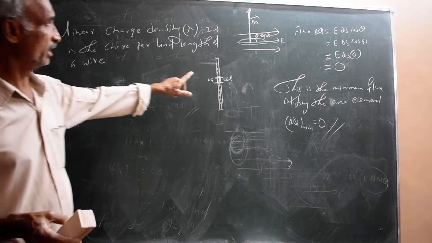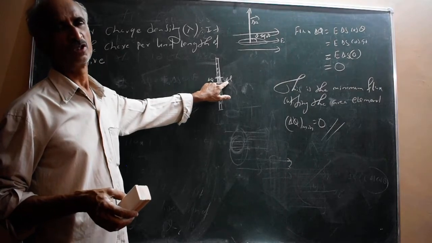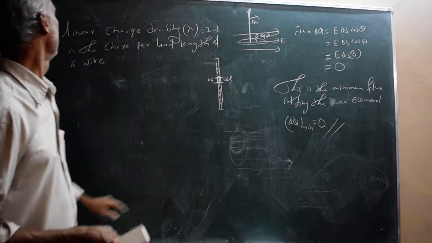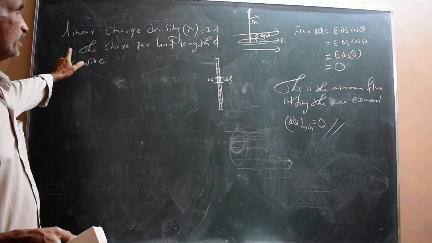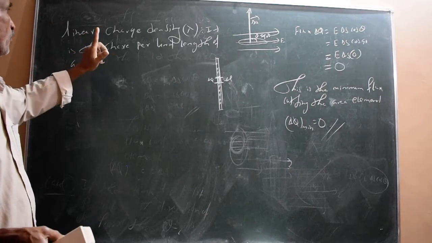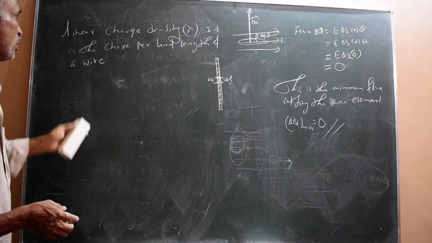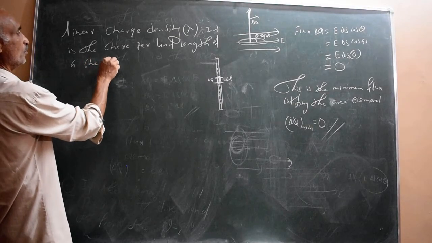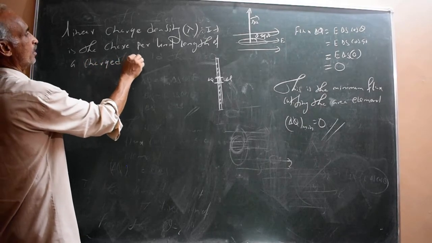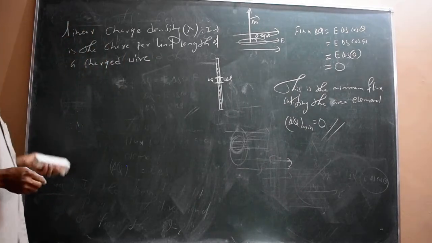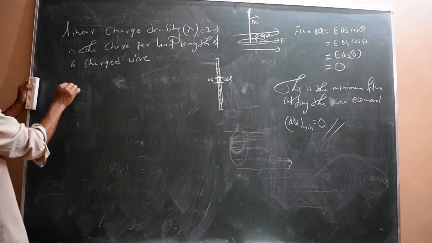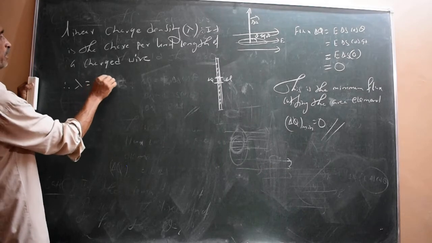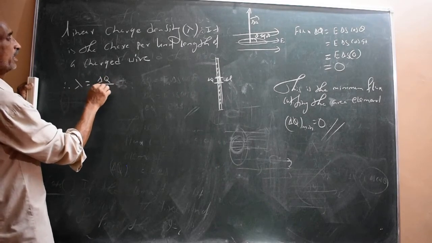The linear charge density, symbol lambda, is the charge per unit length of a charged wire. If the wire is charged, use the words charged wire. Therefore, lambda is equal to delta Q upon delta L.